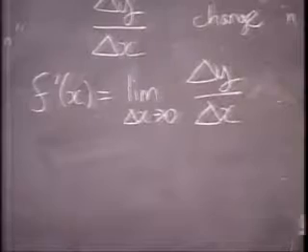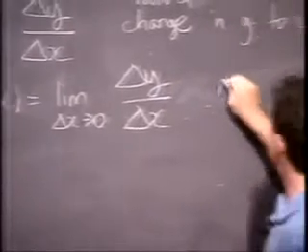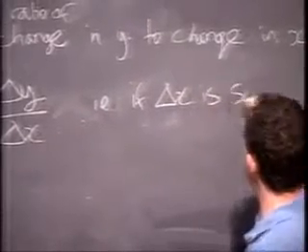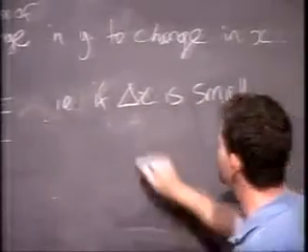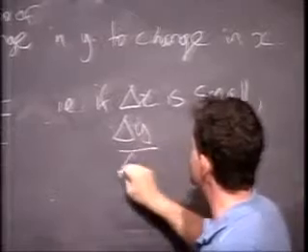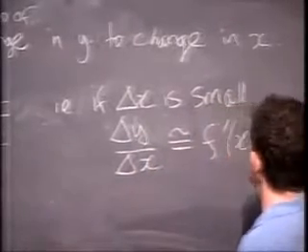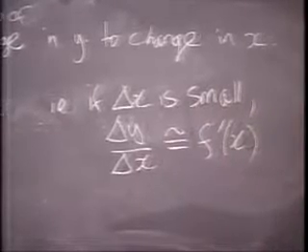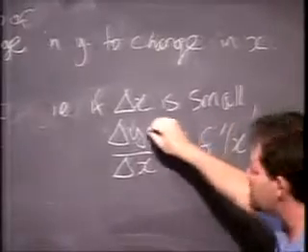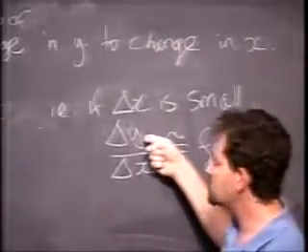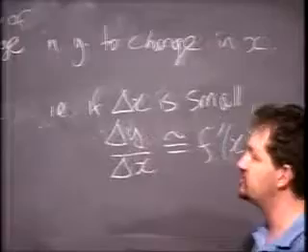Another way of looking at this is that, i.e., if delta x is small, so if I don't change x by very much, then delta y over delta x is approximately equal to f prime of x. Okay, so the slope, f prime of x, is approximately equal to the ratio of what you get, the response in y, when you change x a little bit.